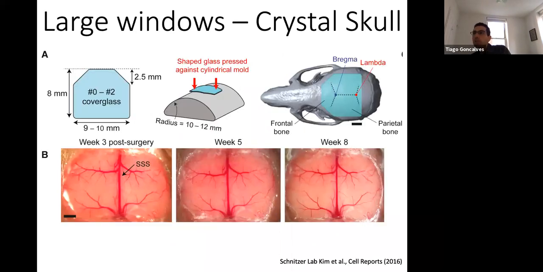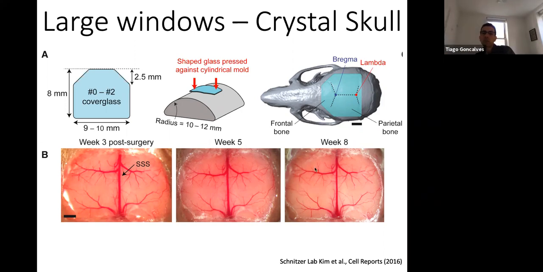Finally, large windows, crystal skull. There are different approaches to this. This one is from the Schnitzer lab at Stanford. It's an approach to make these very, very large craniotomies, and this is really one of the next frontiers in imaging in the cortex: imaging different cortical areas simultaneously and being able to look at the propagation of information between different areas of the brain.